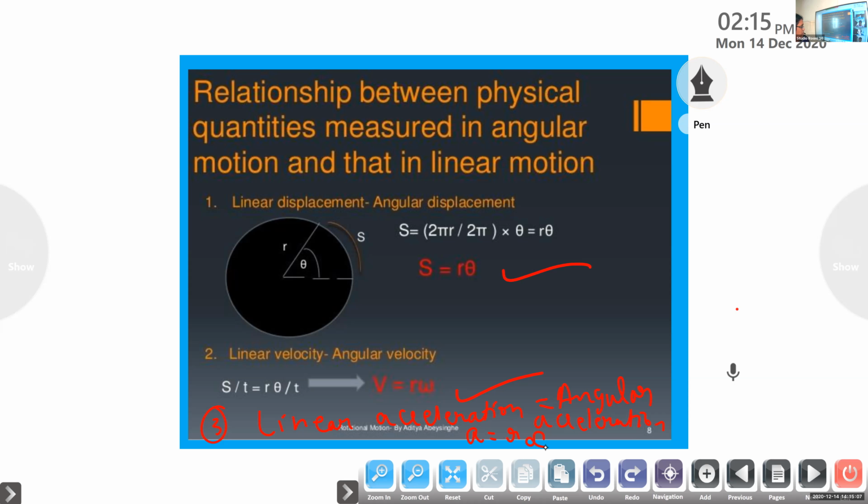That is the third relationship we have learned: acceleration is equal to R alpha. And I asked you many questions from this also in the last periodic test. All made mistakes out of it.